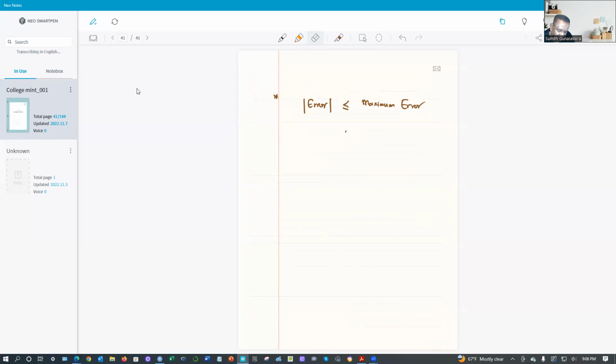So therefore, the error should be between minus maximum error and plus maximum error, within that, plus and minus.